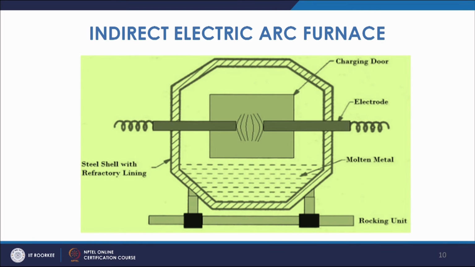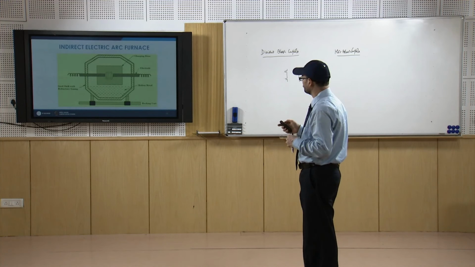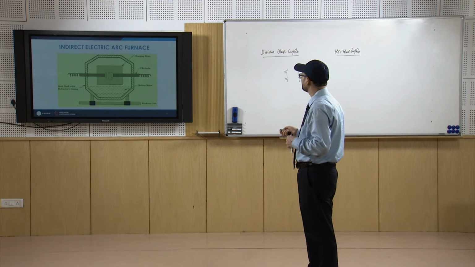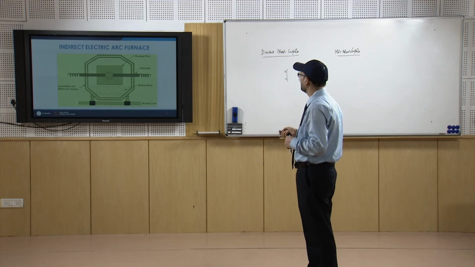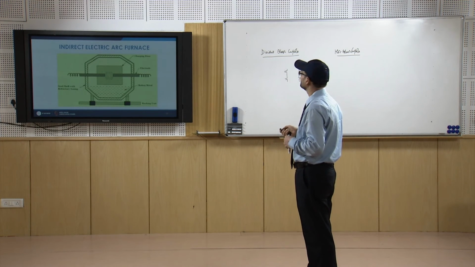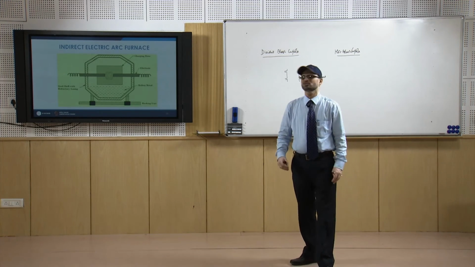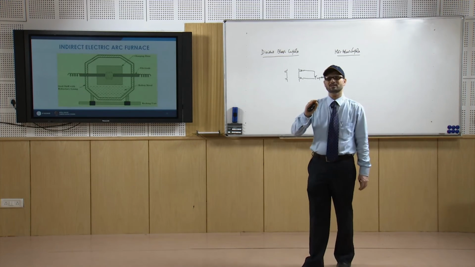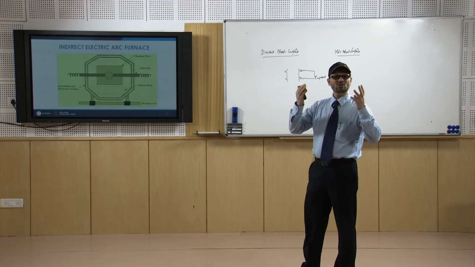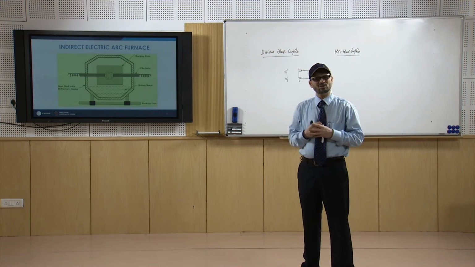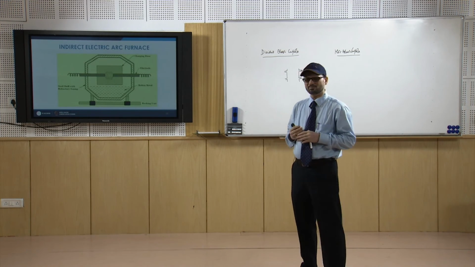Because of other modes of heat transfer like radiation, the heat is transferred to the metal and it gets melted. So, that is known as the indirect electric arc furnace, which may be utilized for lower temperature applications, and also to ensure that it does not contaminate the liquid metal.